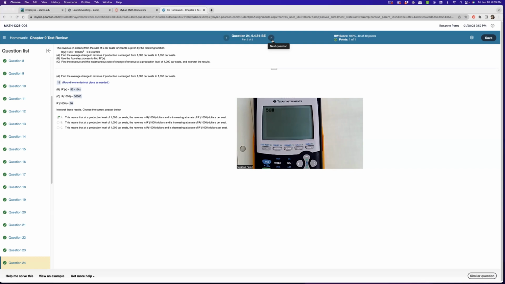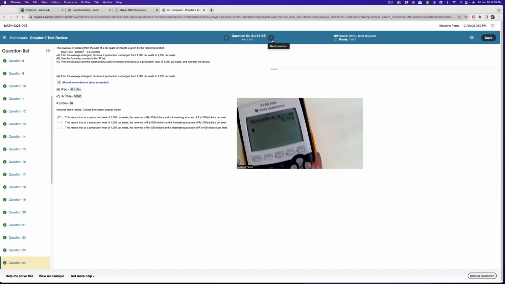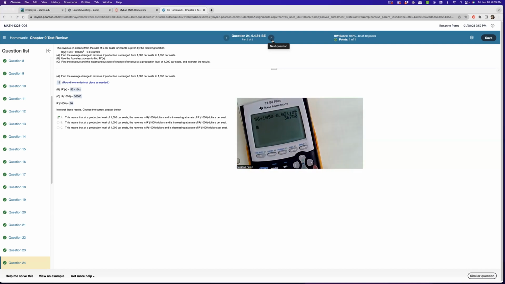So 56 times 1050 minus 0.02 times 1050 squared equals 36,750. I'm just kind of writing it here over to the side. And then we're going to do the next part, evaluate R for 1,000.